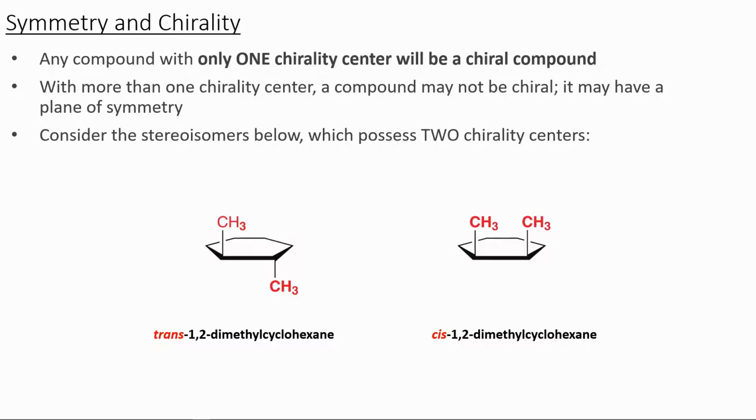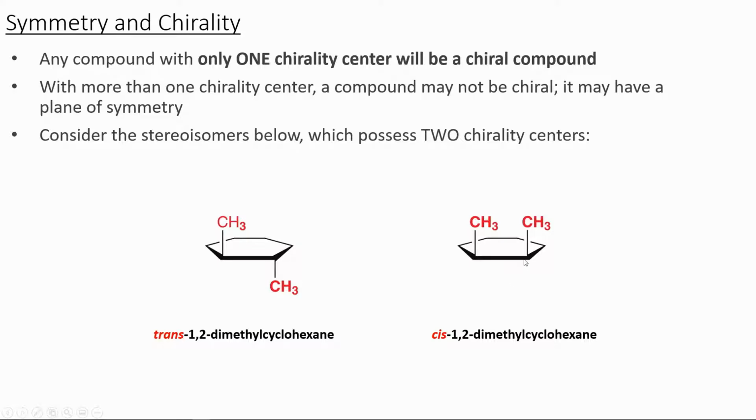Any compound with only one chiral center will be a chiral compound. In some cases, if we have more than one chiral center, we might have a plane of symmetry inside the molecule. For example, these two molecules: the trans-1,2-dimethylcyclohexane does not have a plane of symmetry.